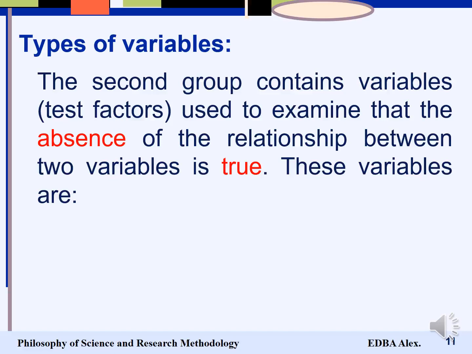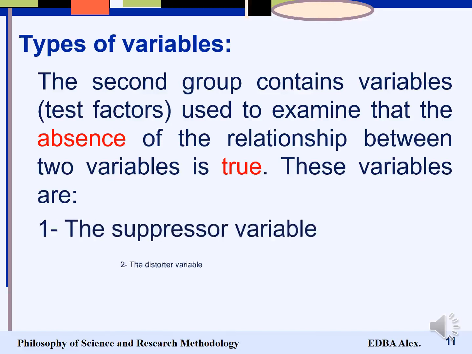Here, this second group contains the variables used to examine whether the absence of a relationship between two variables is true. Sometimes we may believe that there is no relationship between two variables. Is it true or not true? Here we have two test factors. The first is called the suppressor variable, the second the distorter variable. What is the difference?